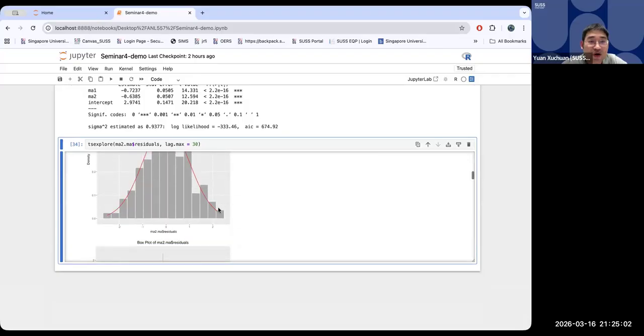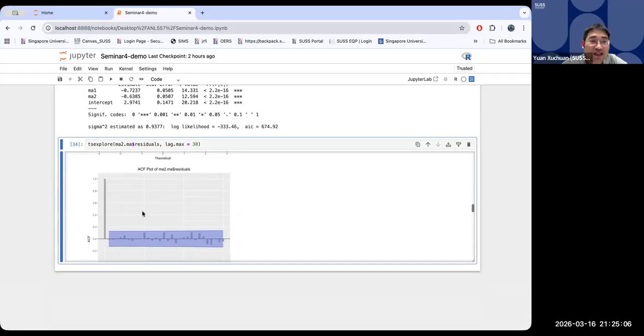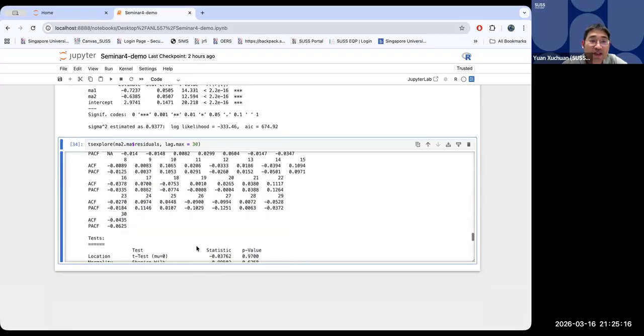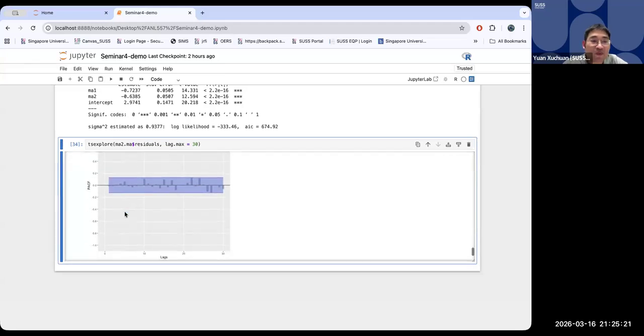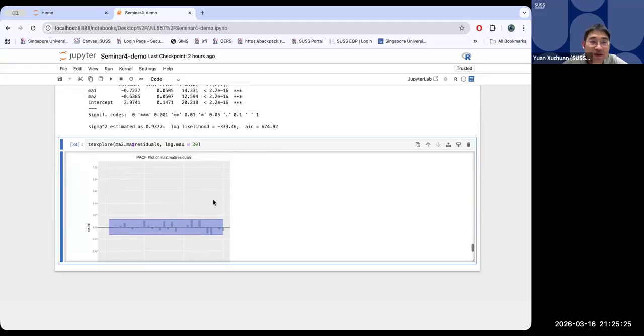This is a line plot. You look at the line plot, the QQ plot, and the ACF of the residuals, right? All the ACFs from lag 1 to lag 30 are 0. And you look at the PACF, and from lag 1 to lag 30, the PACF values are 0.